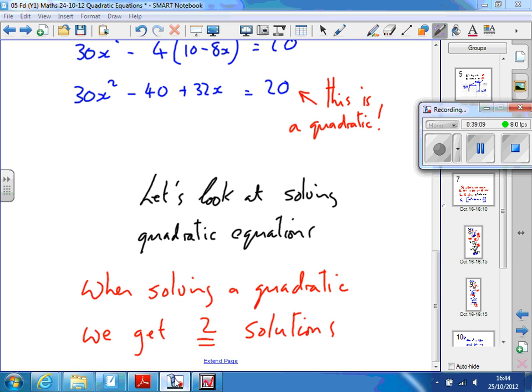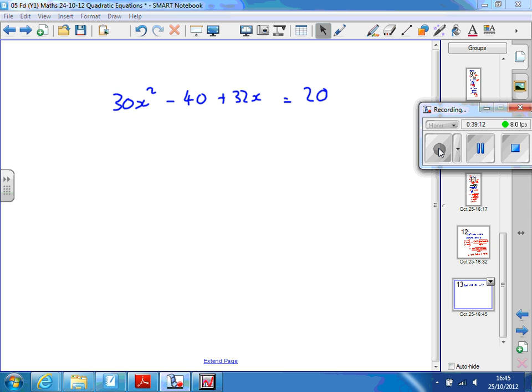So here it is. What's the first job? Get rid of the 20 on the right hand side. Make the right hand side 0, so subtract 20 from both sides. It's minus 60 plus 32x equals 0.